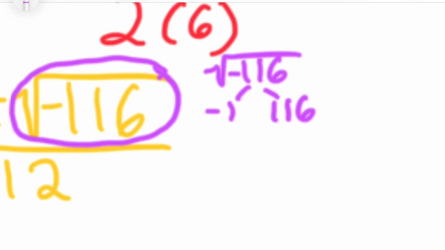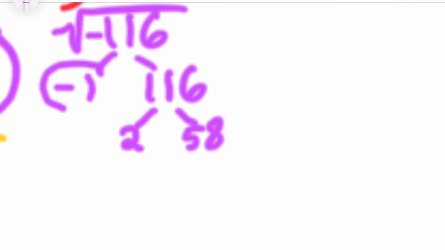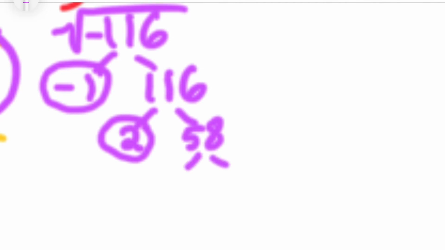Then I'm going to look at my 116 and say, okay, it's an even number. It ends in an even number, so I can divide it by 2. And I'm going to find the factors, creating a factor tree until I get all prime numbers. So my -1 is prime, my 2 is prime, 58 is not prime.